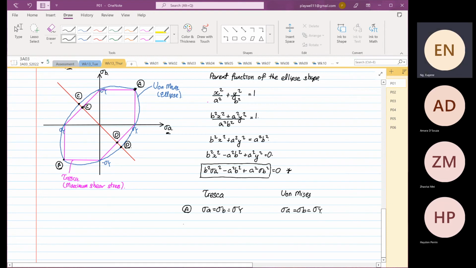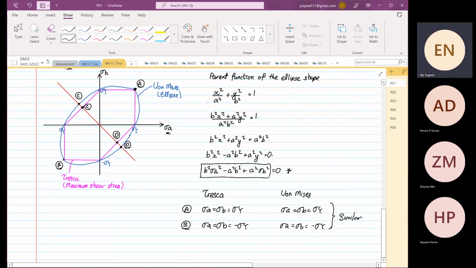Then we look at point B. You have stress A is also equal to stress B is equal to minus stress U. Likewise, on Von Mises is also the same. Okay. So these two conditions is where Tresca and Von Mises are similar. Okay.